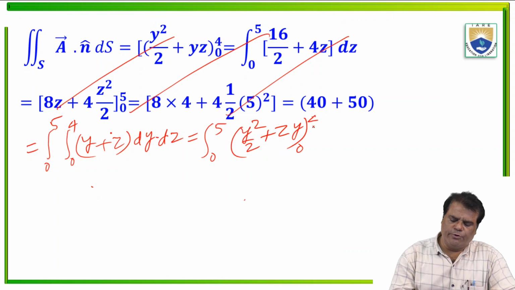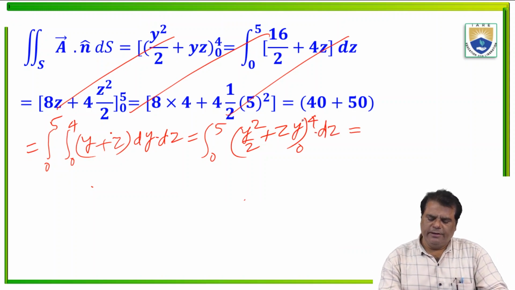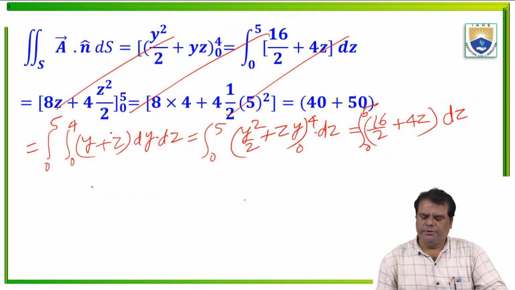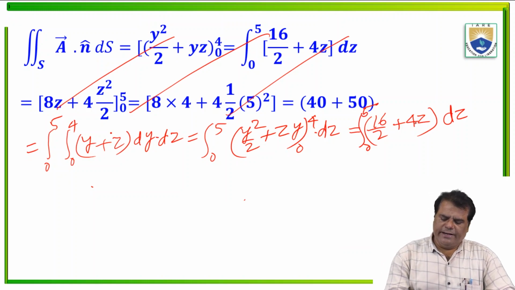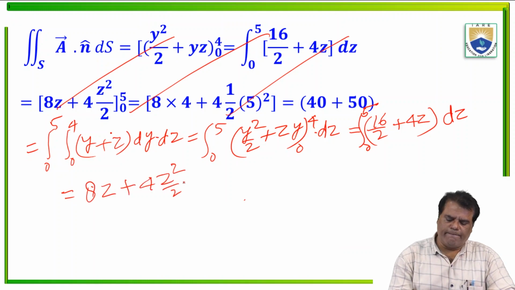Apply 0 to 4 and here dz. Now this equals, putting limit, 16 by 2 plus 4z, dz, integration 0 to 5. So now again integrating this, 8z plus 4z square by 2, and putting limit 0 to 5.